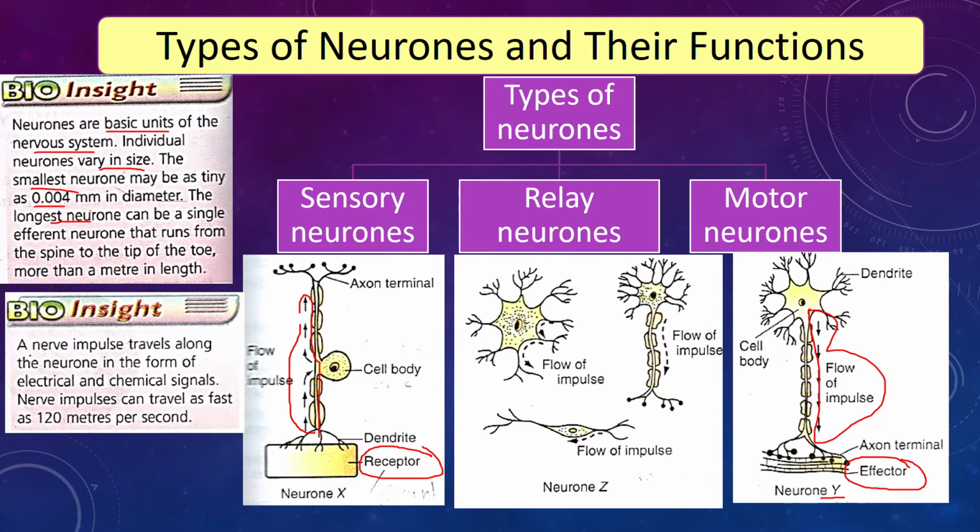Nerve impulse can travel along the neuron in the form of electrical ataupun chemical signals, and they can travel as fast as 120 meters per second. So some bio insight for you.